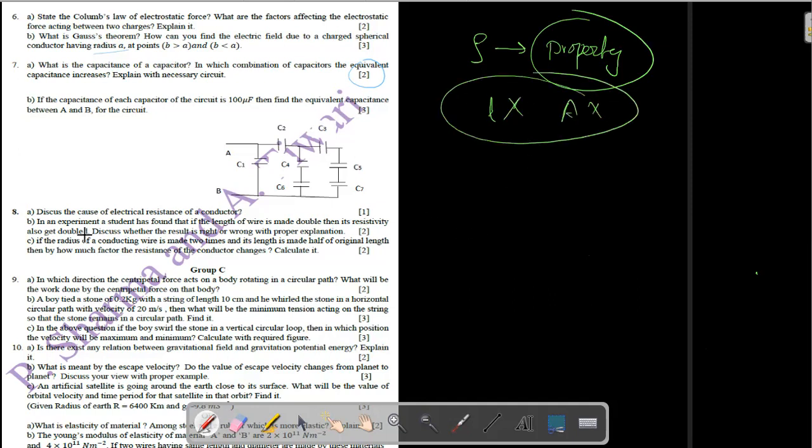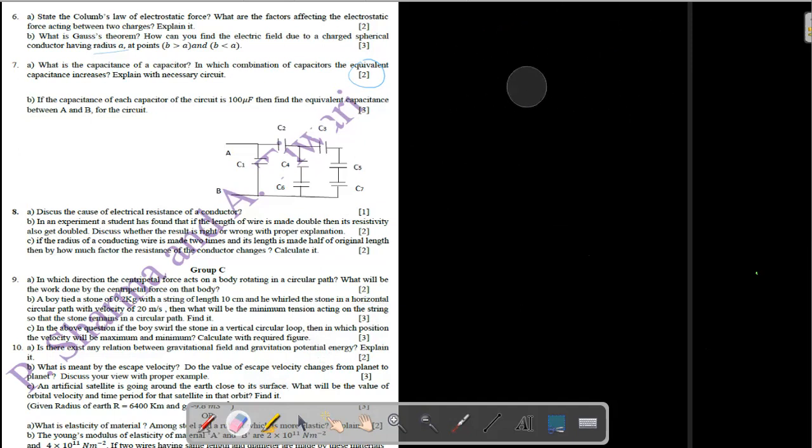So the experiment performed by the student is incorrect, because resistivity is independent of length. By increasing or decreasing the length, the resistivity remains constant for a given material. That will be enough for this answer.